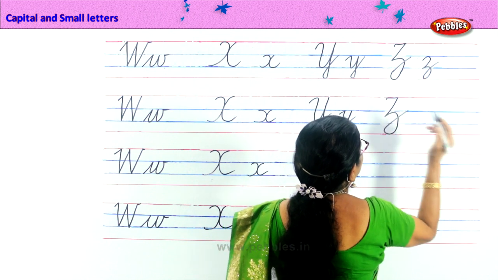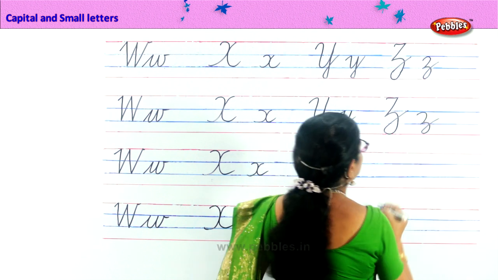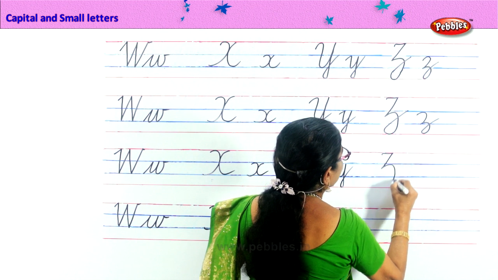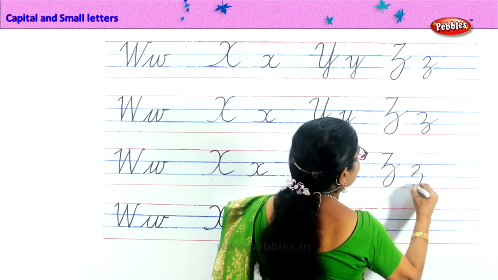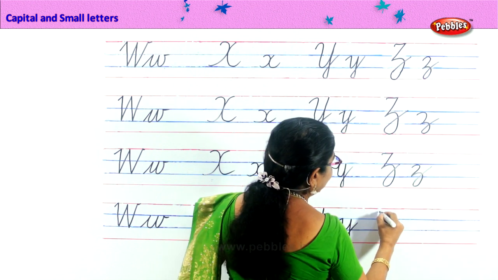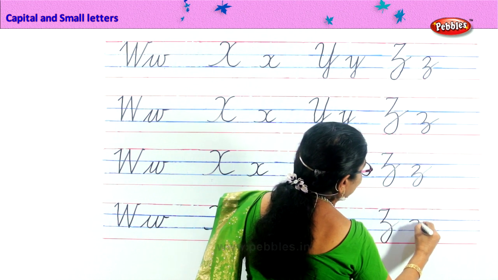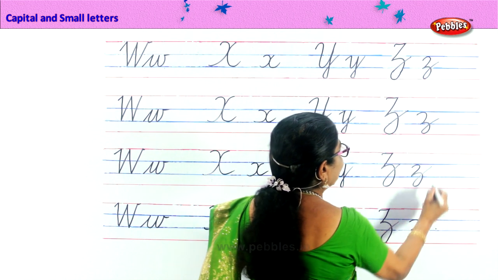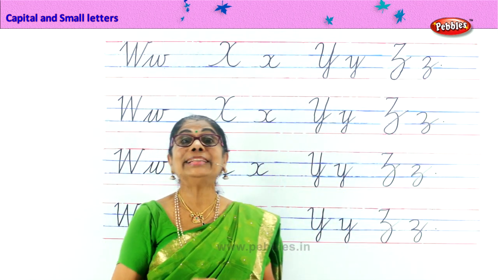Come here. And the small z is like this. The capital Z and the small z, the capital Z and the small z goes like this. Okay? Now we learn to write the big and small letters.